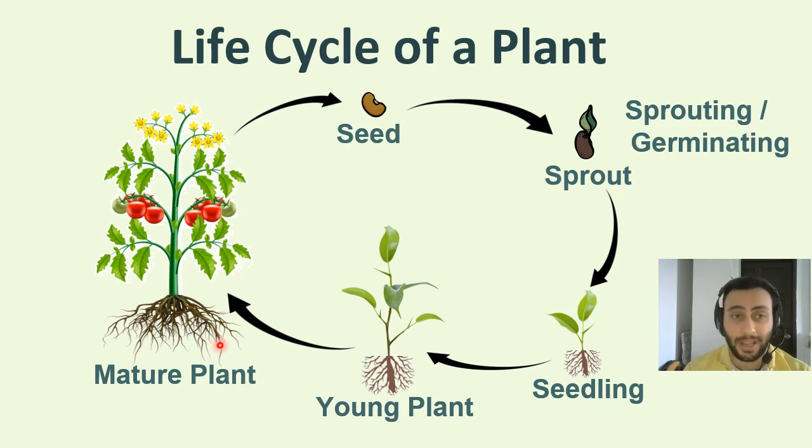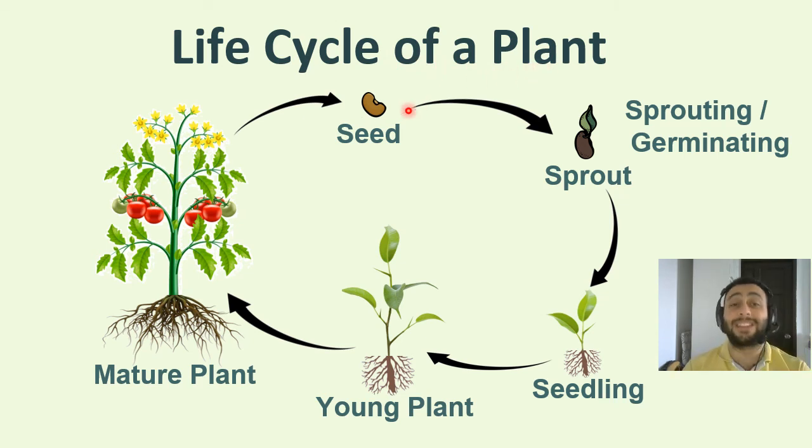A mature plant has flowers, has fruits, which means that it has seeds. So the seed falls, boop, stage 1, it has seed. The seed becomes sprout. The sprout becomes seedling. You already know the stages. So this is the life cycle of a plant.